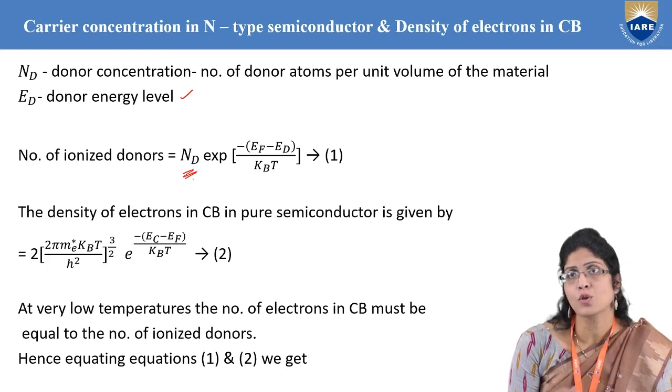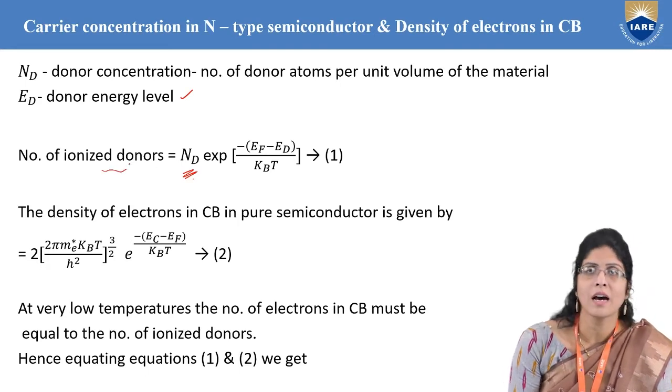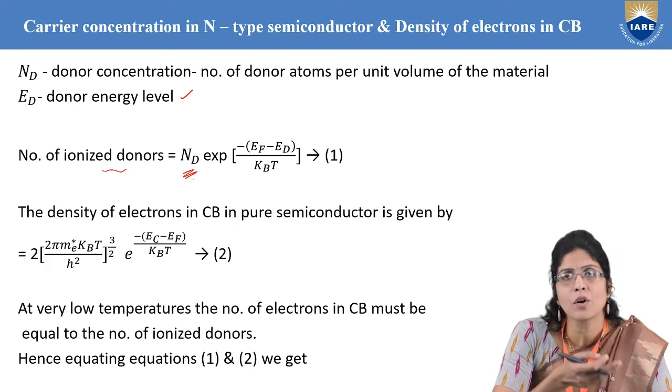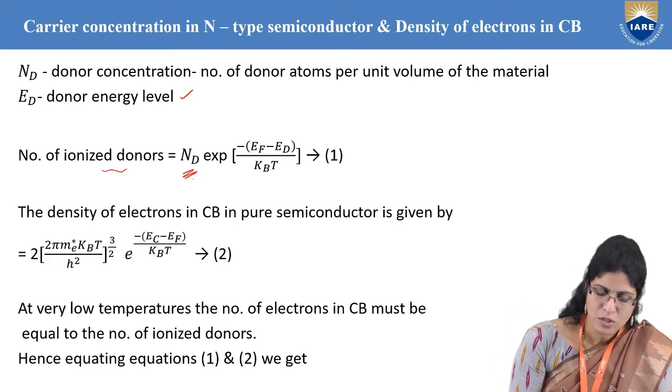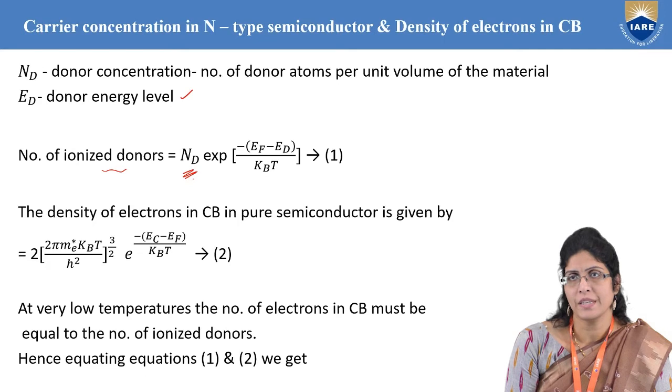What are these atoms? Donor atoms per unit volume. Because as many donor atoms as there are, that many donor ions will be formed. Unless the atom is there, there will not be a possibility of forming an ion. So it depends on the number of donor atoms and the probability.